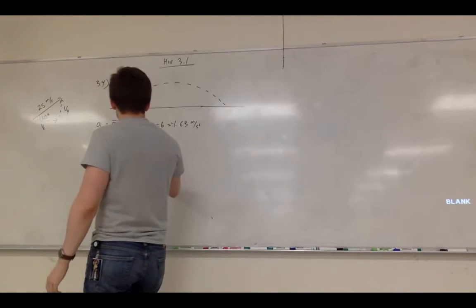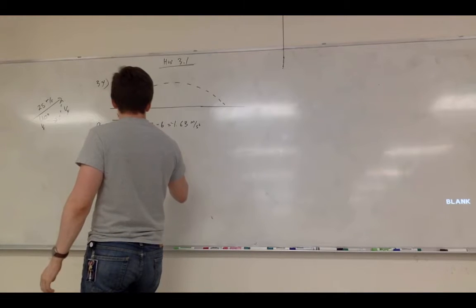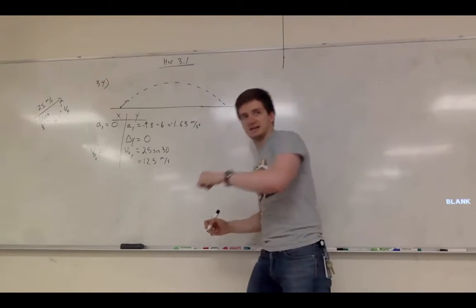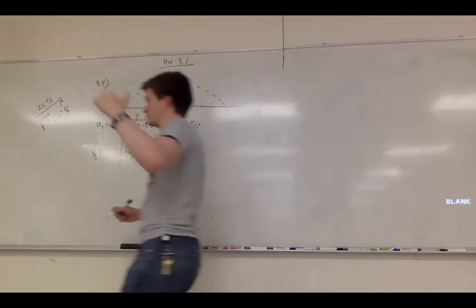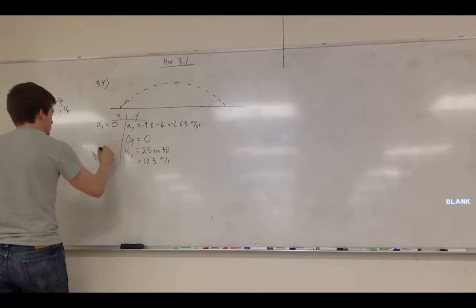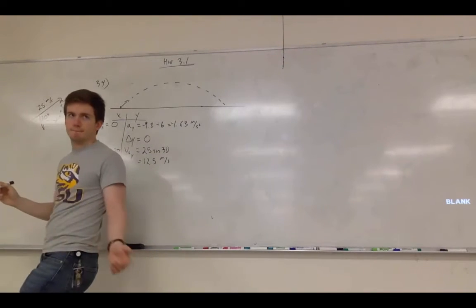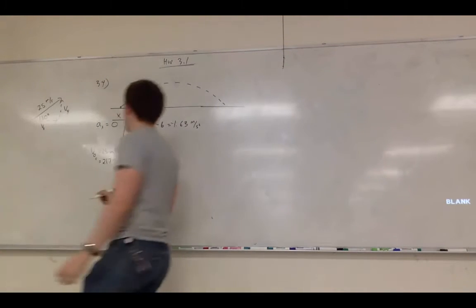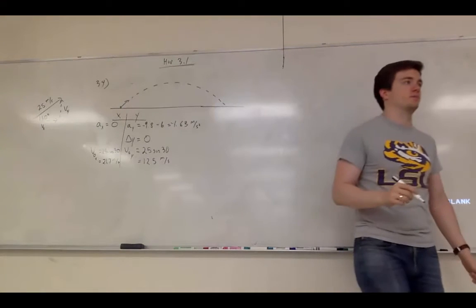We know sine of 30 is 1/2, so we do that in our heads, and we get 12.5 meters per second. Okay, now we look at the V naught x. We look at the x component. Is that the opposite or adjacent? So we immediately write down 25 cosine 30. What number is that? 21.7. 21.7 meters per second.